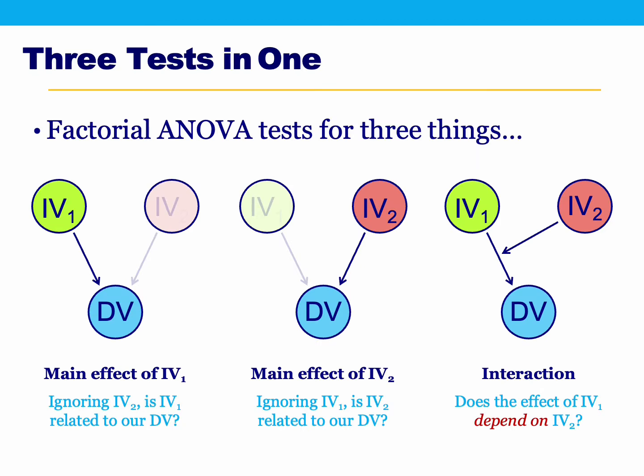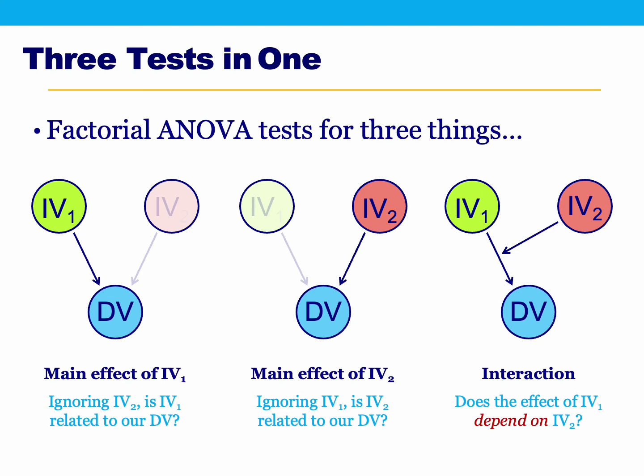So again, anytime we use a factorial ANOVA, we can test for a main effect of IV1. So ignoring IV2, is IV1 related to our dependent variable? We can test for a main effect of IV2. So ignoring IV1, is IV2 related to our dependent variable?